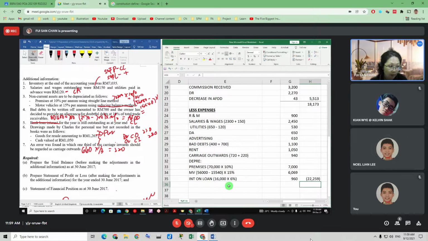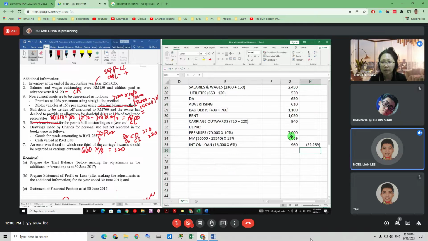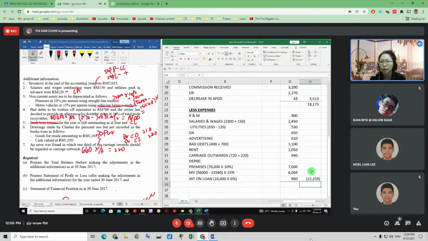So if next year you have to pay another interest again. As long as your loan is still on, every year you must pay the interest until you finish paying. But the amount might be smaller, because you base on the remaining balance. Make sense?